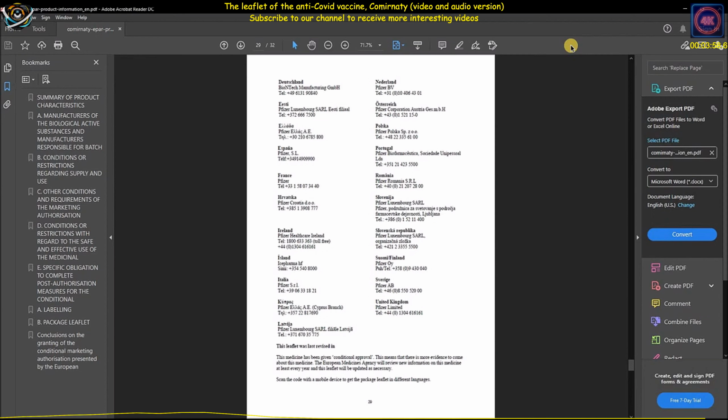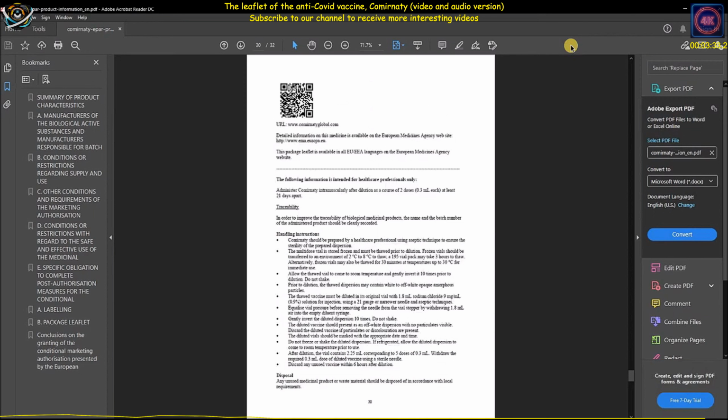This leaflet was last revised in. This medicine has been given conditional approval. This means that there is more evidence to come about this medicine. The European Medicines Agency will review new information on this medicine at least every year, and this leaflet will be updated as necessary. Scan the code with a mobile device to get the package leaflet in different languages.